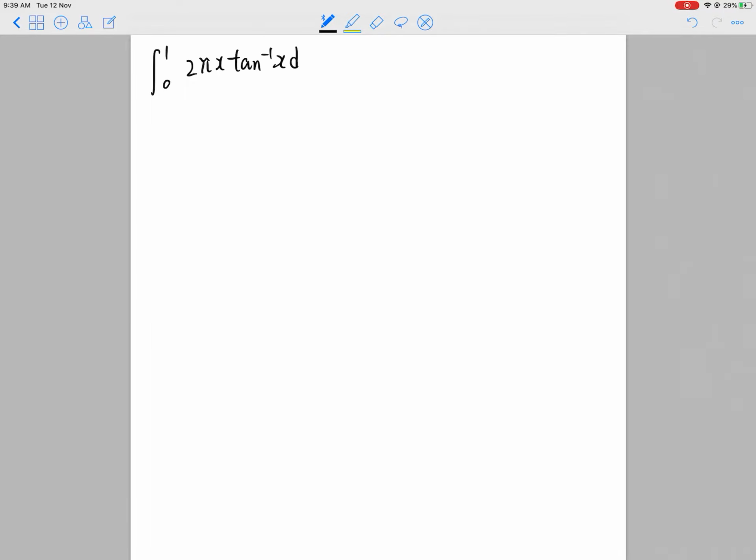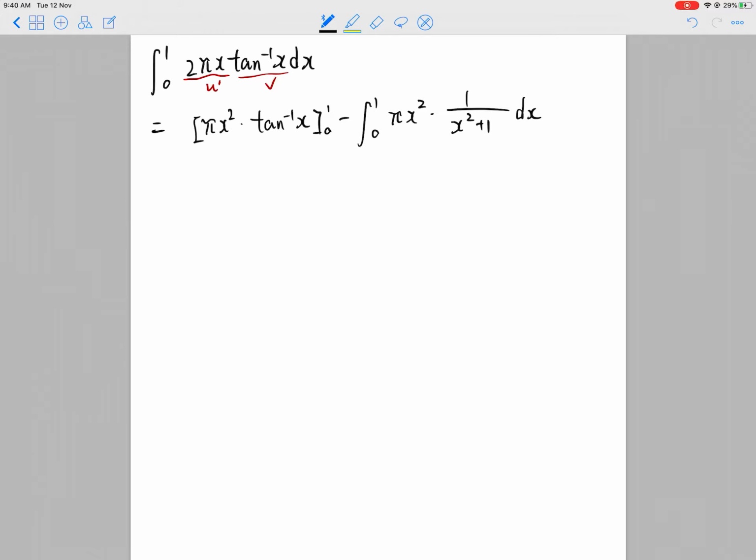So again, we just use integration by parts. It's 2 pi, right? It's pi x squared tangent inverse x. So you just treat this part as your u's derivative, this part is your v. From 0 to 1 minus from 0 to 1 pi x squared times 1 over x squared plus 1. Right?